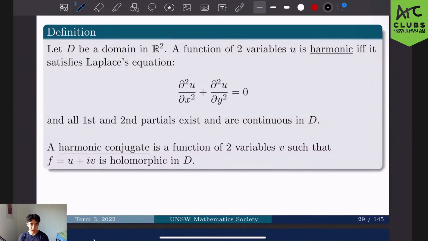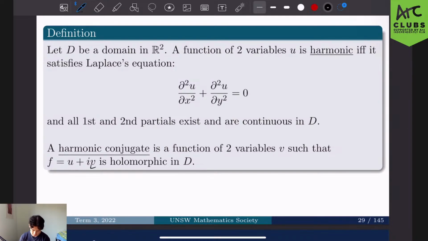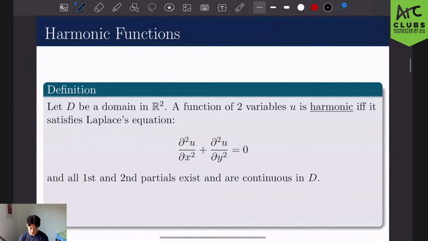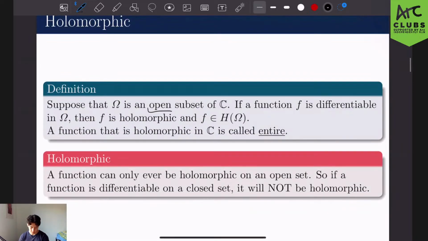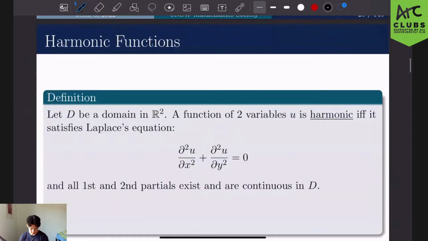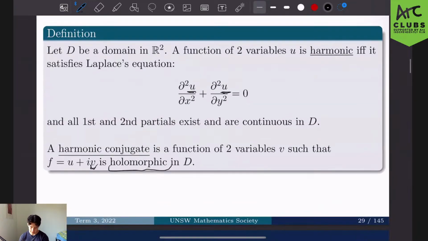Next, we also define a harmonic conjugate, which is the v. Remember, for harmonic we're looking at just the u, and then the harmonic conjugate is finding this v such that it is holomorphic. Remember, holomorphic is differentiable on this open set. So we're just finding the v such that it's differentiable.